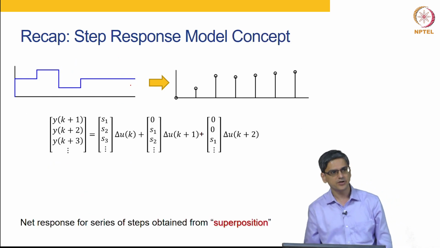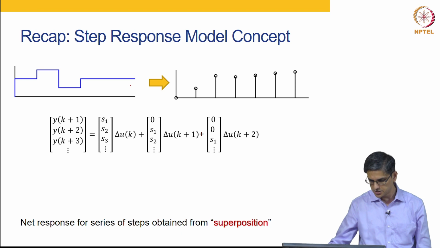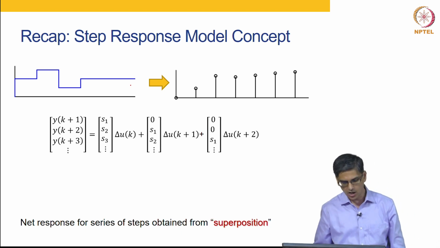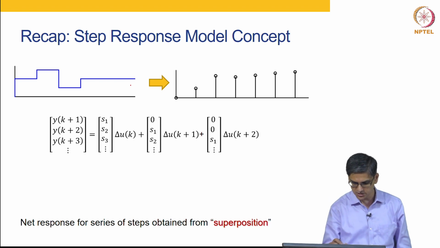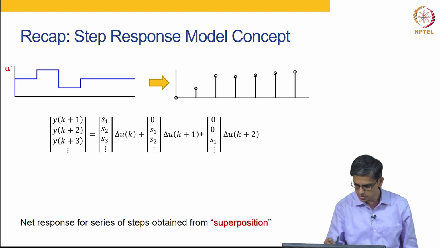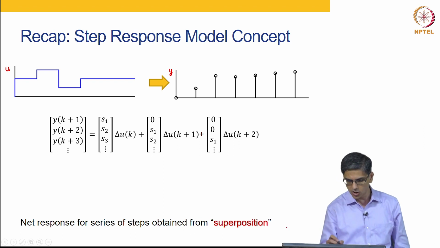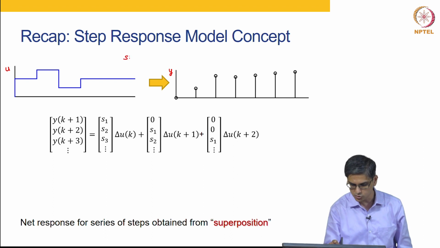And this is what we are going to deal with in this particular week, the step response model and how to get the step response model. This is the input u and this is the output y. Because step response models are linear, we assume that the superposition principle works.